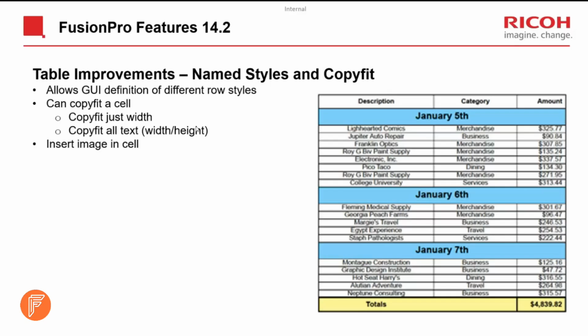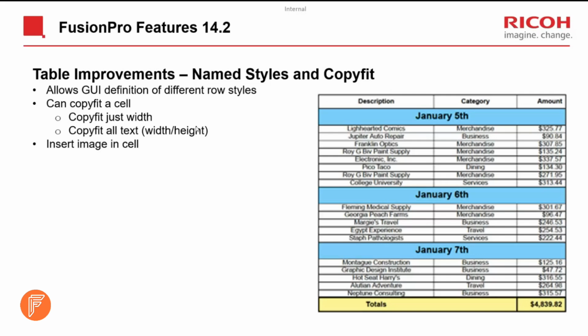Those are formatted differently, and you can specify in the table GUI what the formatting should be for these different row types. So you can get this kind of effect without having to do a lot of code to generate it. You can just specify which type of row it is, and the details of how it's to be formatted are inside the table GUI.